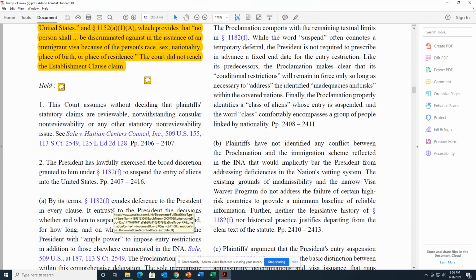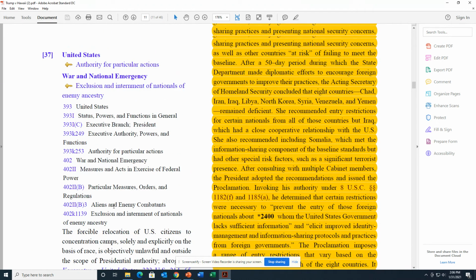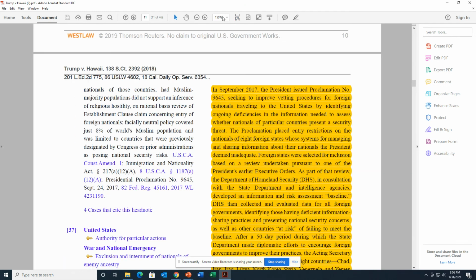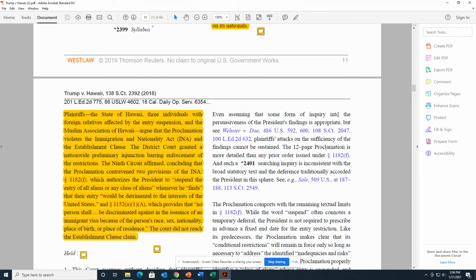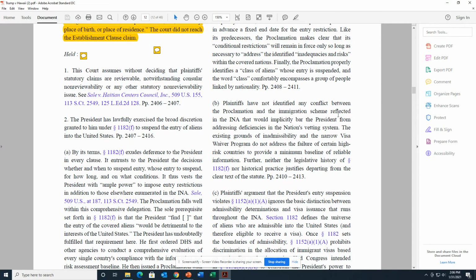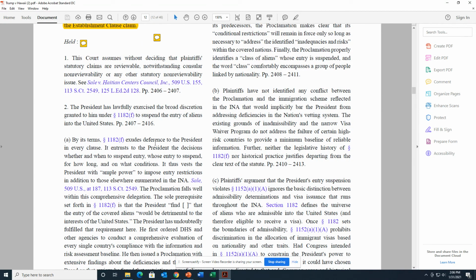Let's see, where do we have held? Okay, so these are my 2 holdings. And then here's my laws.